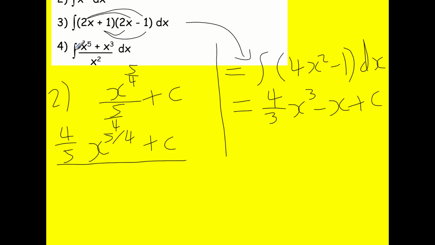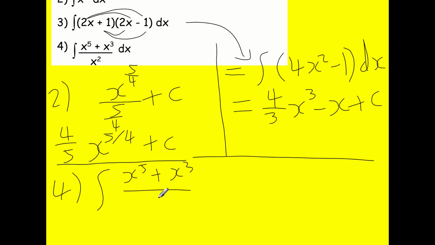Okay, last one, number 4. I think I've got space down here. So it's the integral of x to the 5 plus x to the 3 over x squared. Okay, I'm writing it down again, so then I've definitely got enough space.